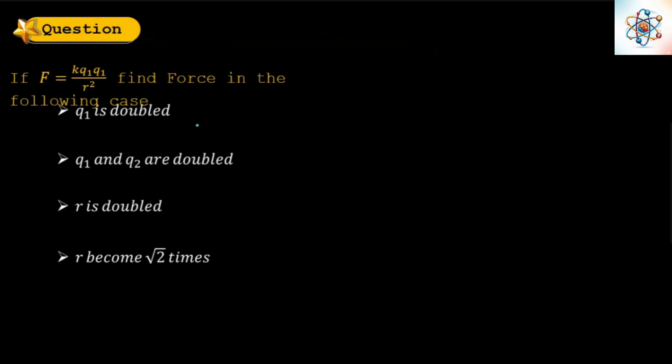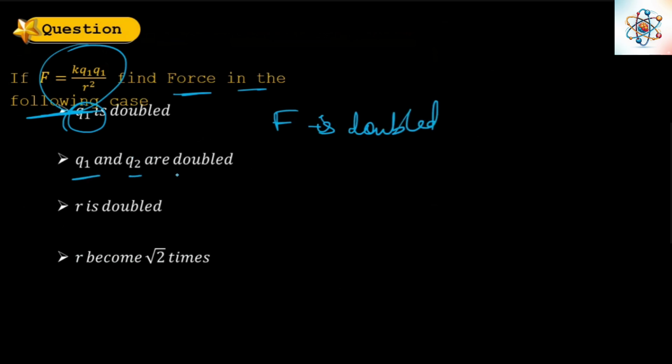So the question is, if F is k q1 q2 by r square, find force in the following cases. Q1 is doubled. So if Q1 is doubled, force will also double. If Q1 and Q2 both are doubled, then force will be 4 times.